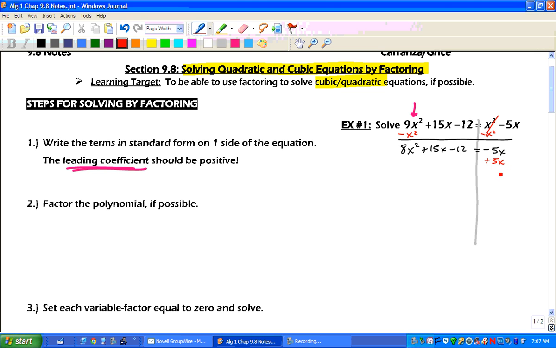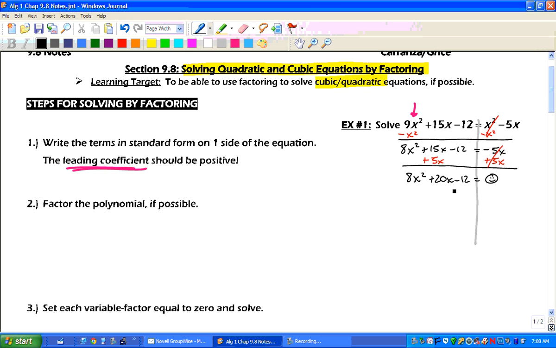So I'm going to do the opposite and move it to the other side. Now here's my question. Where does that 5x line up with? Remember, we can only combine things that are the same. So I'm going to line it up with the x. And now we have 8x squared plus 20x minus 12 equals 0. And 0 is what we want.